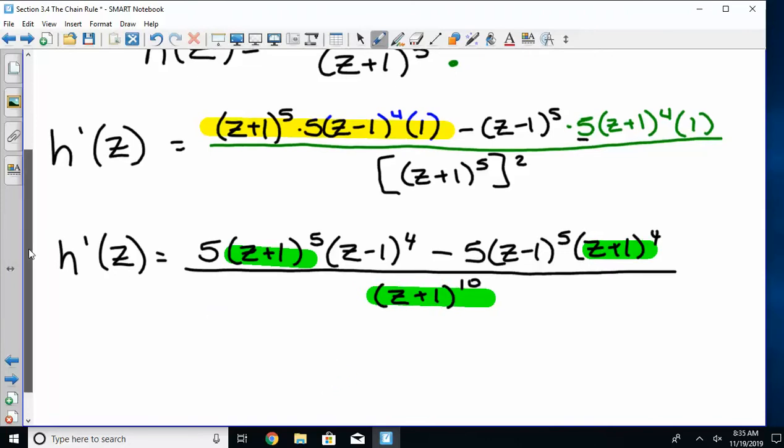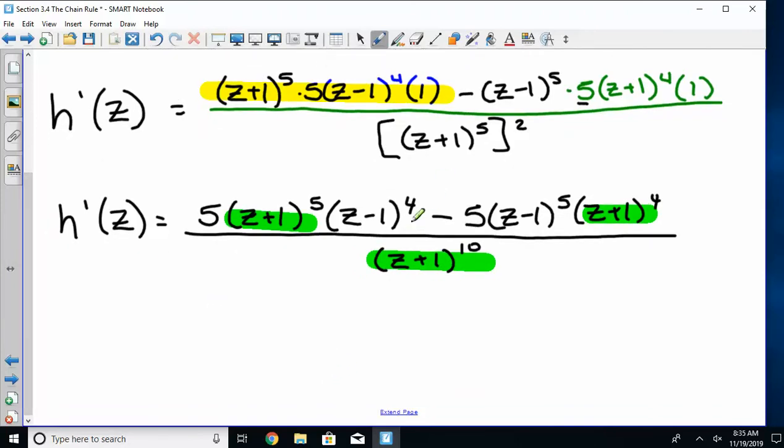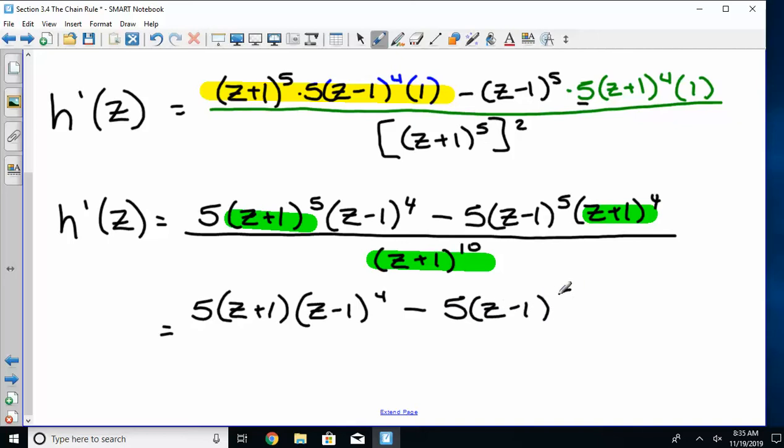So we can cancel how many of them? 4. Cancel the smallest power. So 5, if I got rid of 4 of them, that just leaves me with a z plus 1, a z minus 1 to the 4th, minus 5, I had the z minus 1 to the 5th, and I canceled that term. On the bottom I had 10 of these, but I canceled 4 of them, so I'm left with 6.